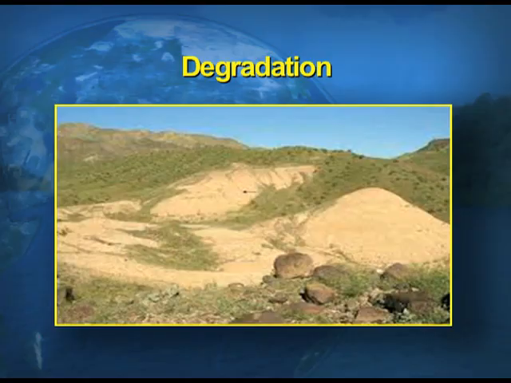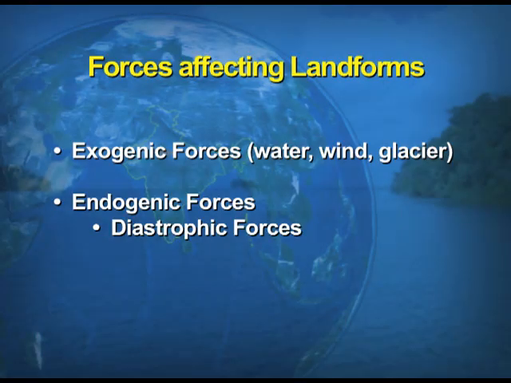Now, if you look at the screens, you can have a view of the degradation and aggradation. This picture shows weathering of the higher up areas and filling up of the depressions. As I have already told you, filling up is known as aggradation and wearing down of the high surfaces is known as degradation.